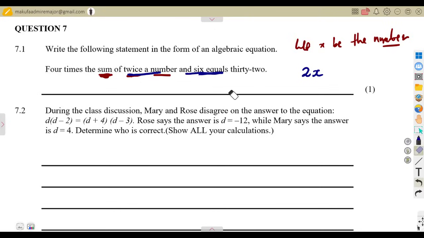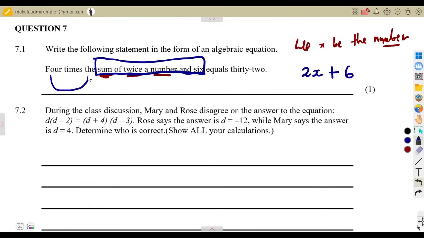Before we move on to the equal sign, we just need this part here, the sum of twice the number and 6. This is the sum. So they are saying 4 times that. 4 times this sum here. 4 times means what? You're multiplying this by 4. That's 4 times.